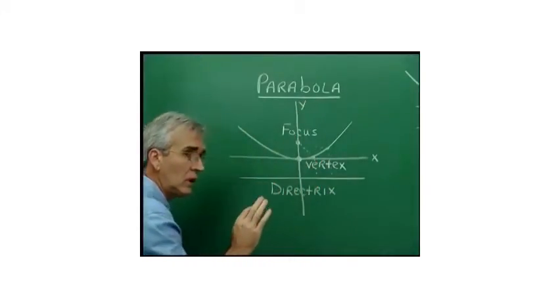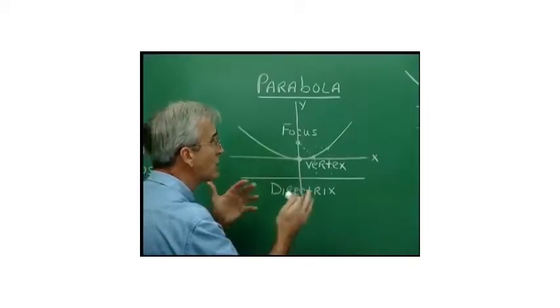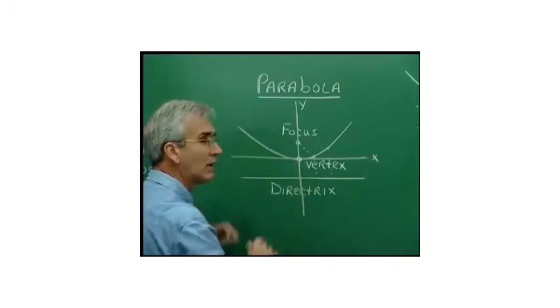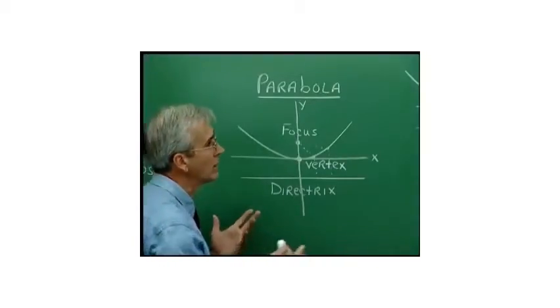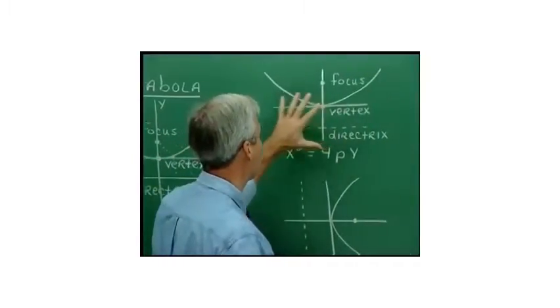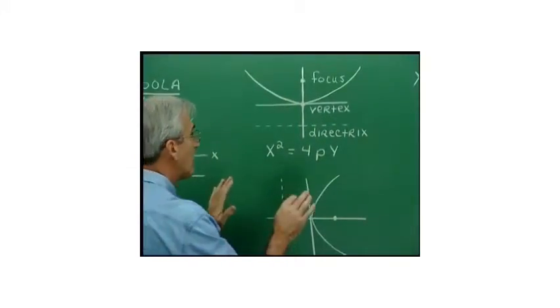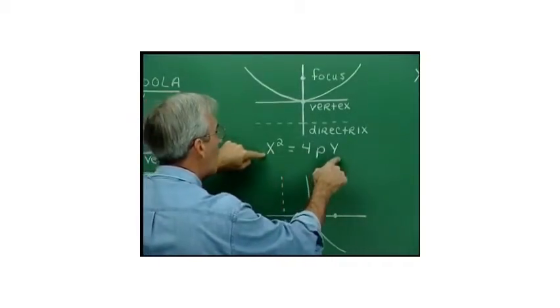Now, we're structuring it this way just to introduce the equation associated with this parabolic curve. And it's a really strange looking equation. Now, when the parabolic curve opens up or down, the equation associated with it looks like this. It's x squared equals 4py.